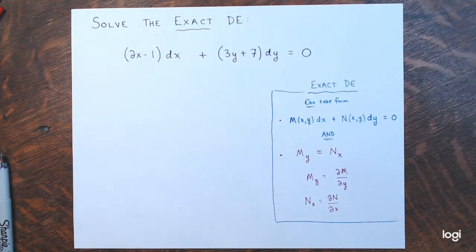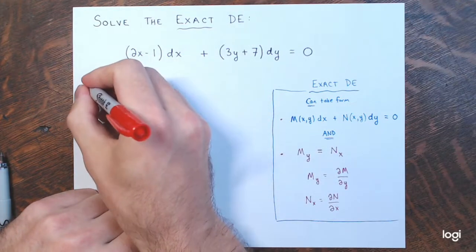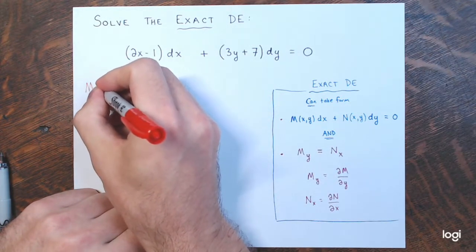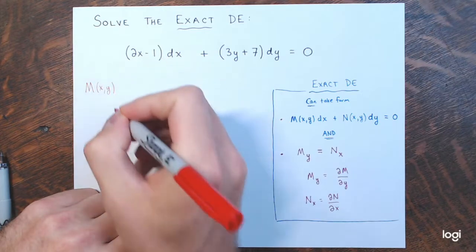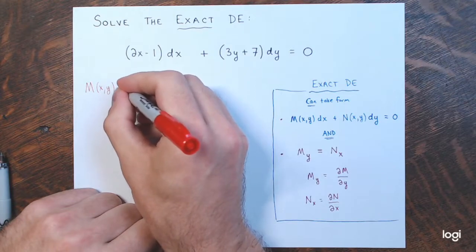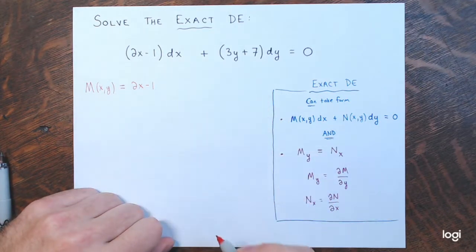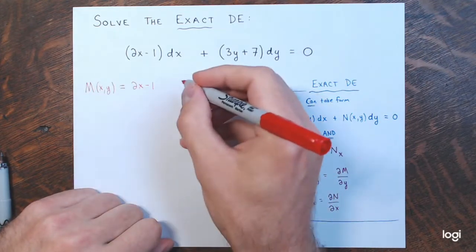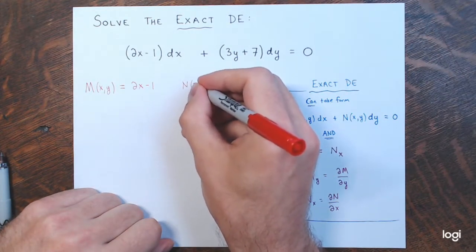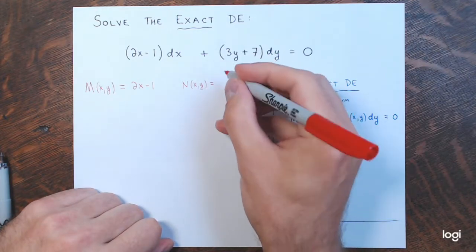All right. So in my equation here, in this example, the m of x y is this function 2x minus 1. And the n of x y is this function 3y plus 7.